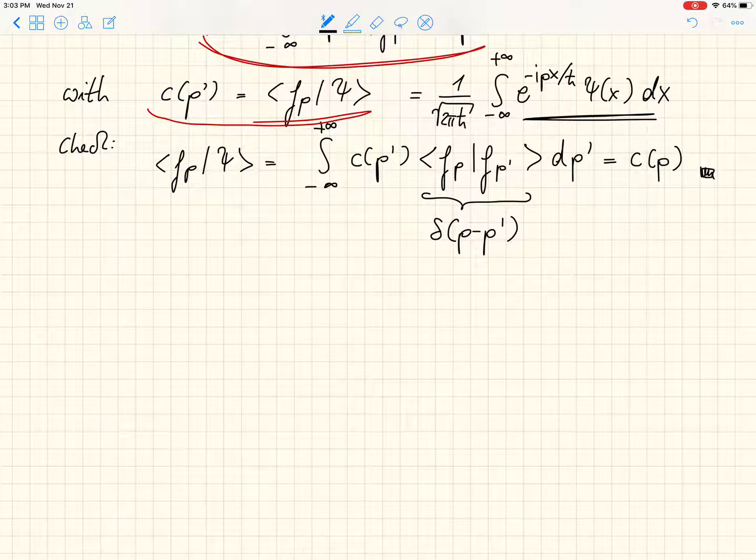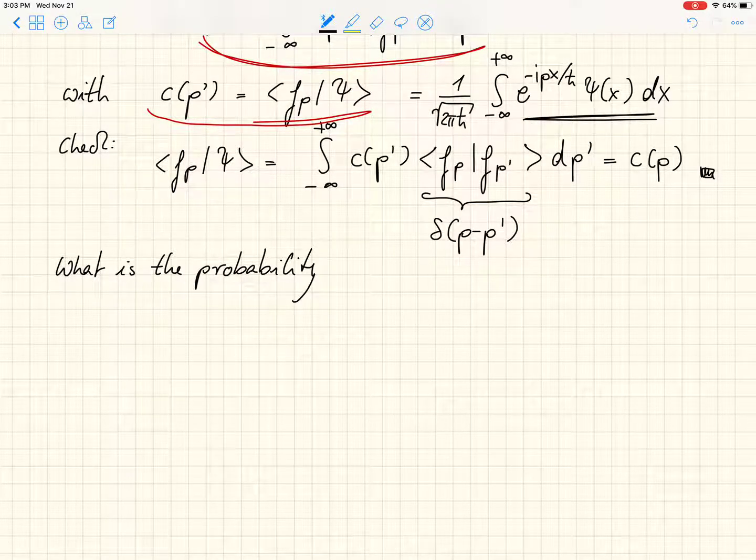So the question that we can also ask is, what is the probability to measure a certain value of momentum, p?